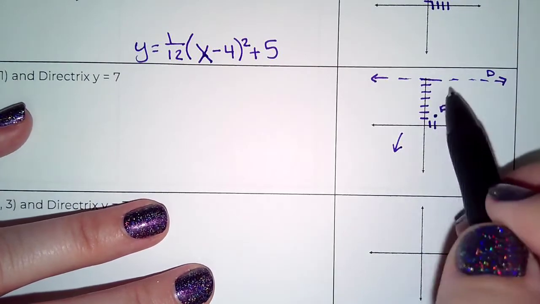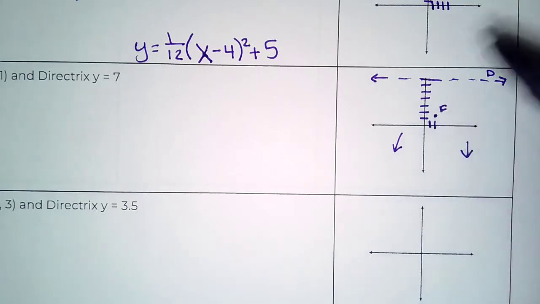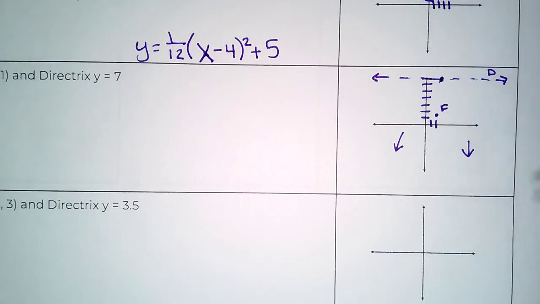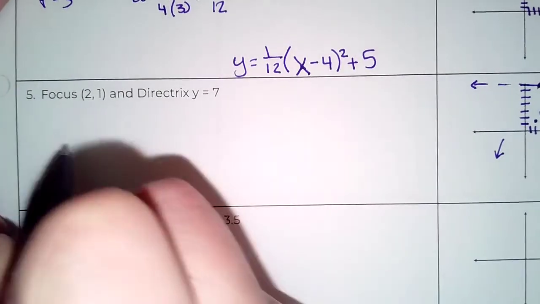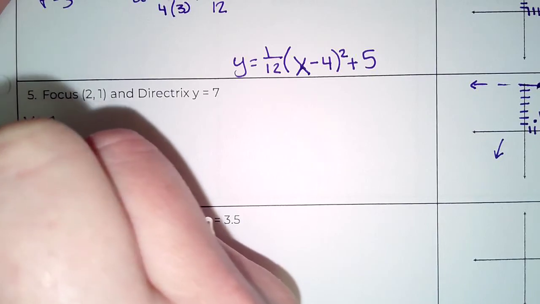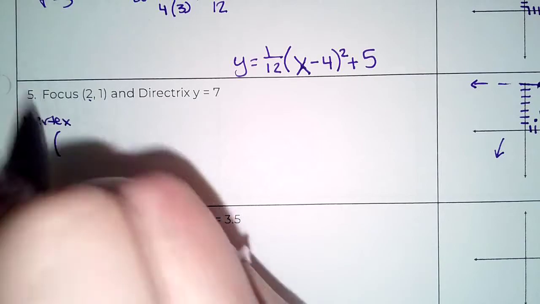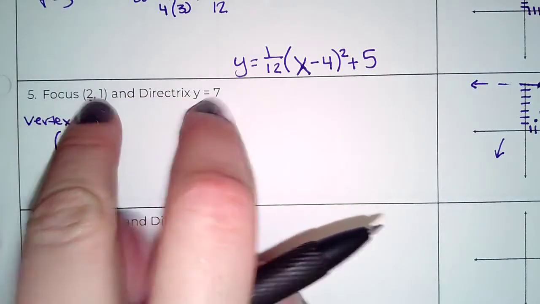Now I need to find where my vertex is. I'm going to find the midpoint between here and here, so I can use the midpoint formula. The vertex will have the same x value as our focus, and the y value will be the average of these two.